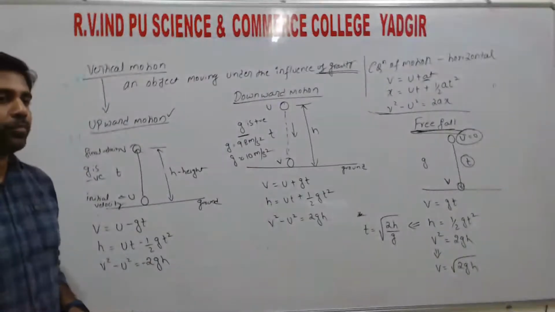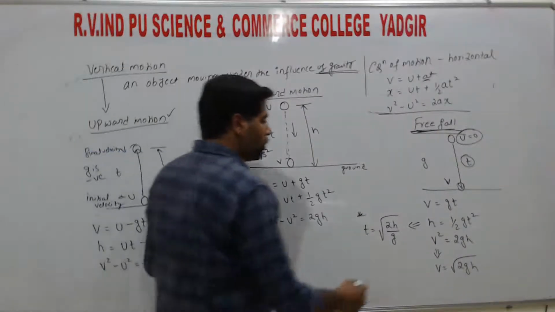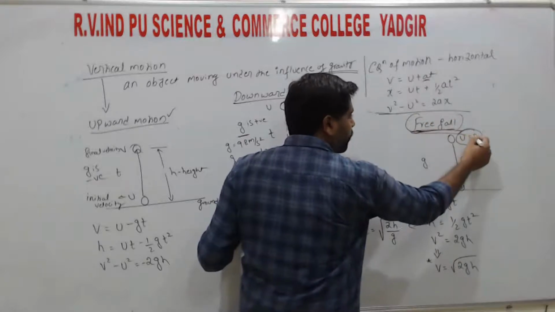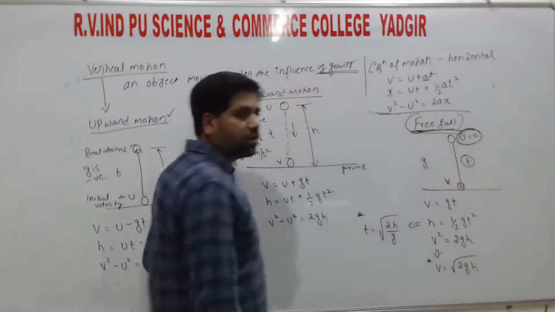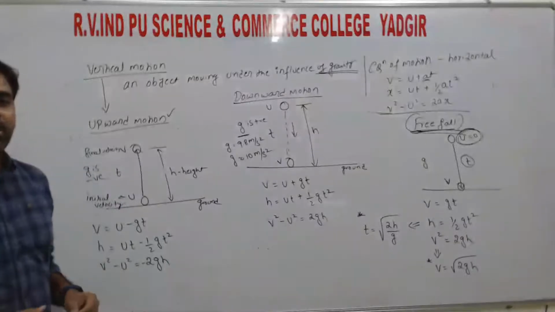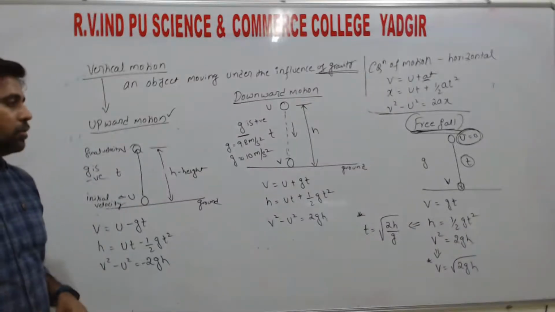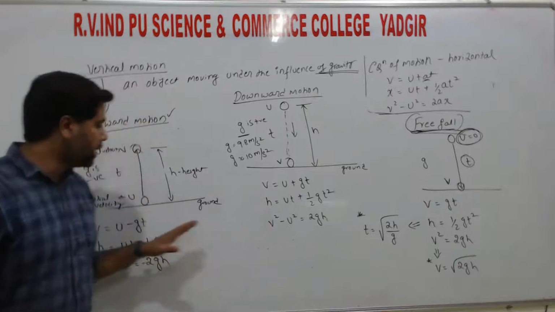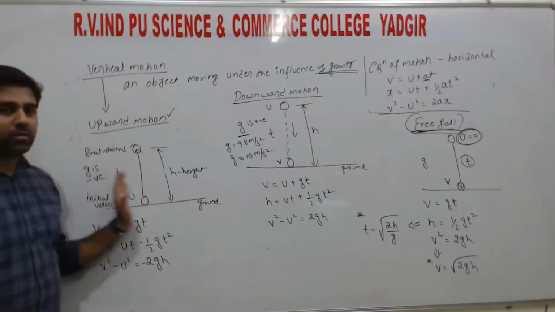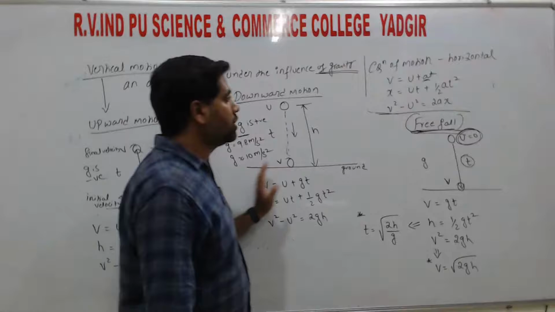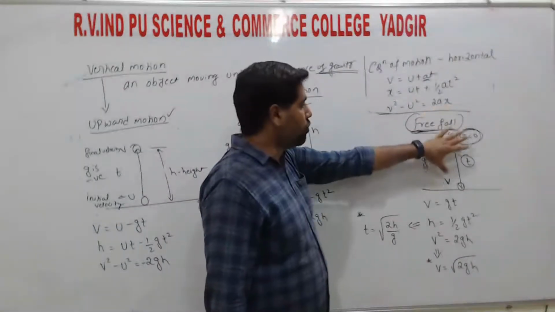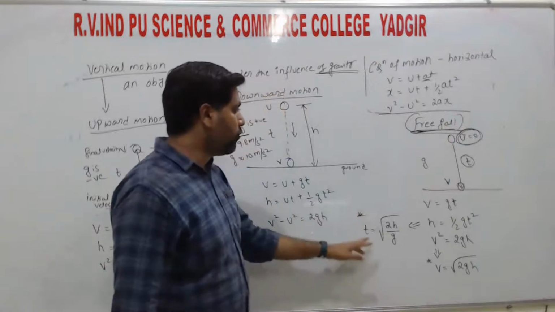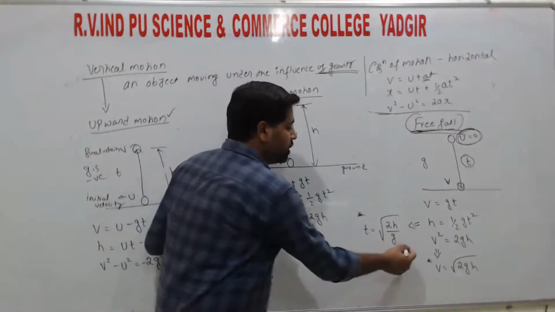These are the two important relations under free fall. In free fall, its initial velocity u is always 0. So these are the equations of motion in upward direction, downward direction, and along horizontal. One more special case is the free fall case, where we calculate the time.